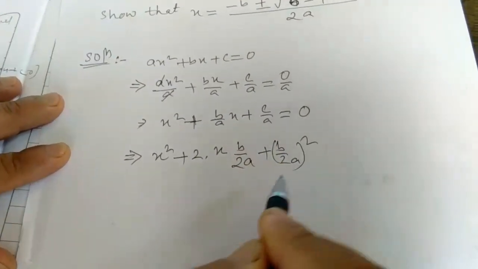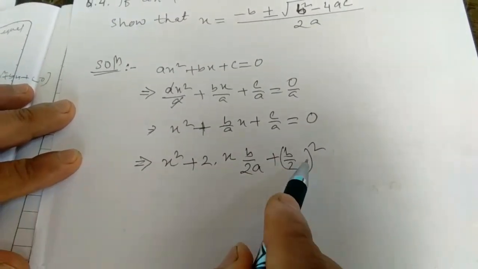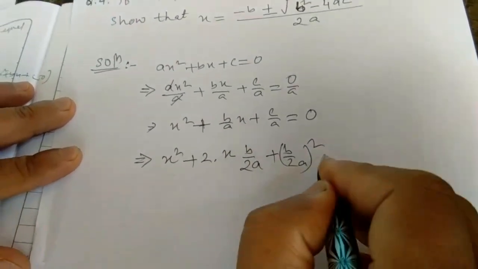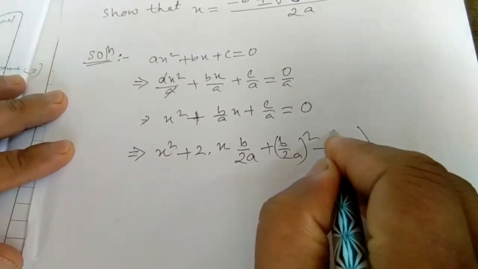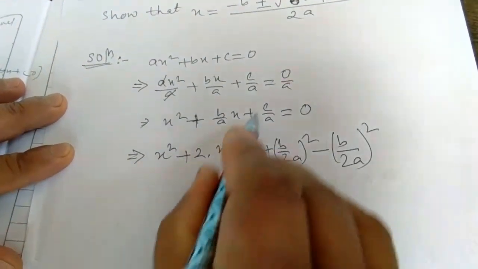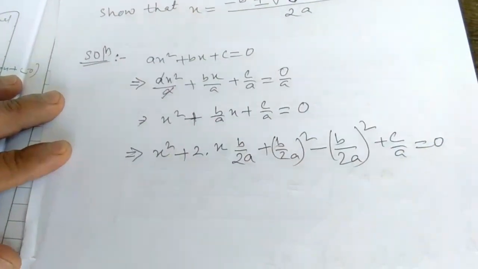b square. As we have added b by twice a whole square on the left here, we must subtract the same number so that the meaning will not change. Then this is plus c by a equal to 0.